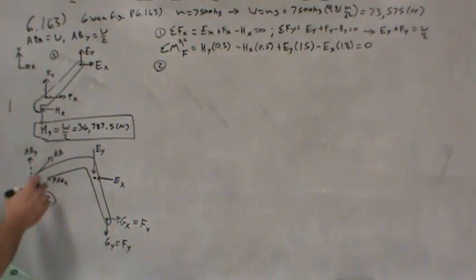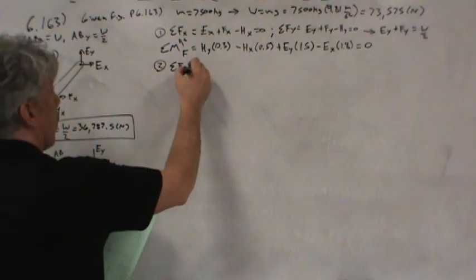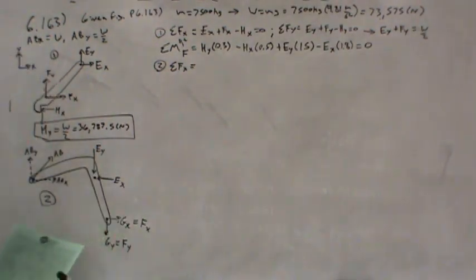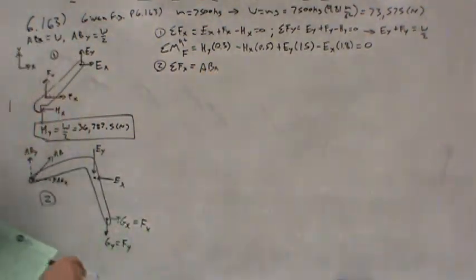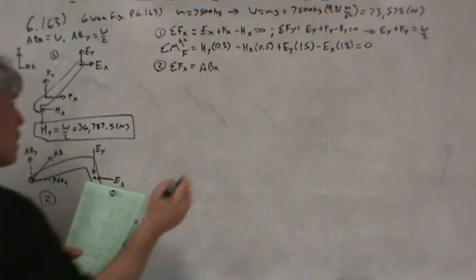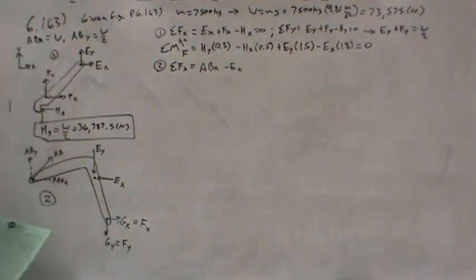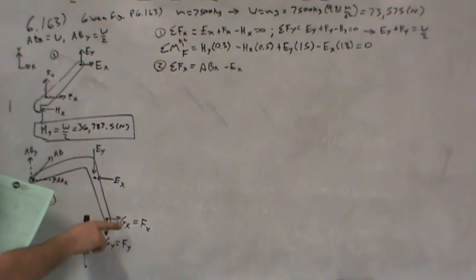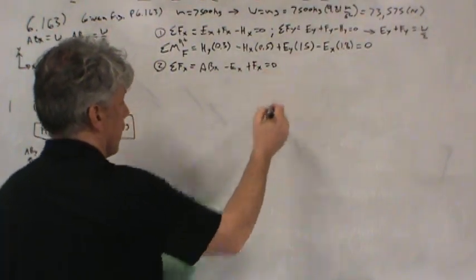Let's do the same thing for body 2. For body 2, if we sum forces in the horizontal direction, what all do we have? Well, let's see, there's ABx, there's minus Ex, minus or plus Gx, but Gx is Fx, so plus Fx equals 0.